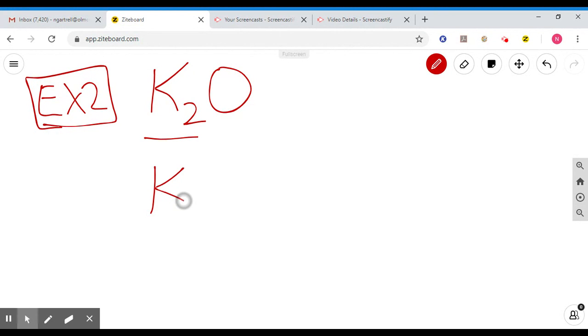Twice. Okay, find potassium on the periodic table. It's in group 1. So therefore, I draw 1 valence electron. The subscript for oxygen is 1. So I'm only going to draw oxygen once. Oxygen is in group 16, so therefore it has 6 valence electrons.